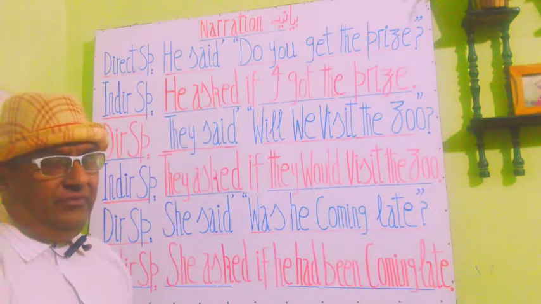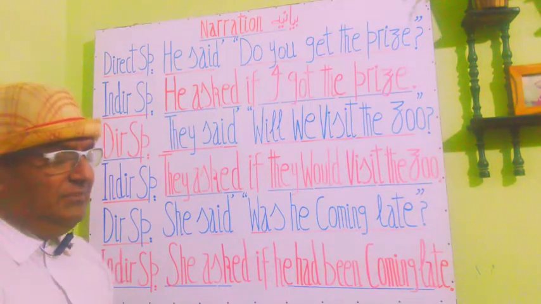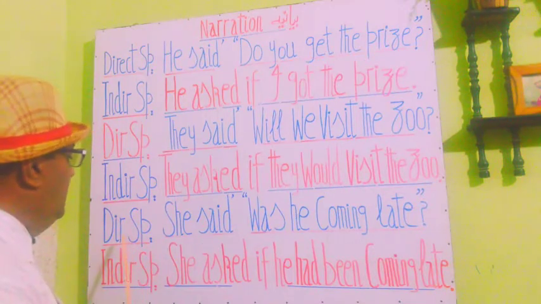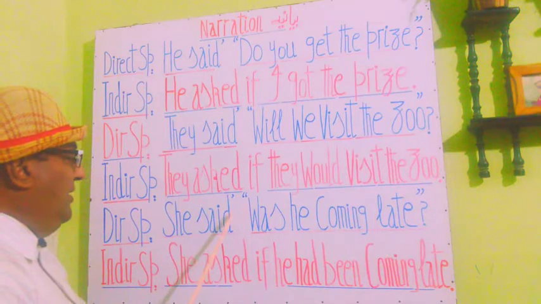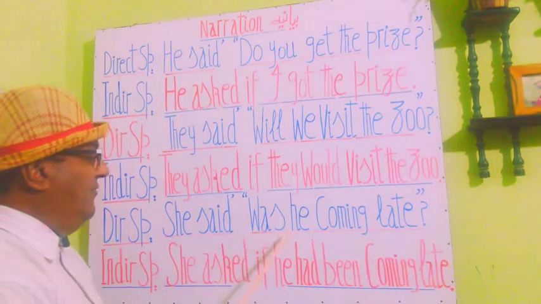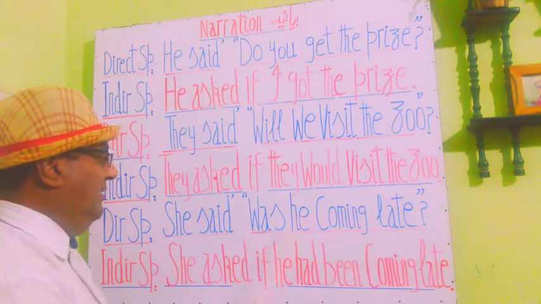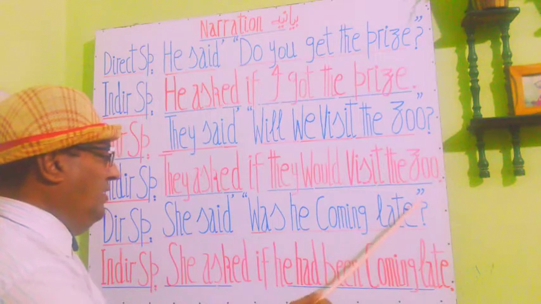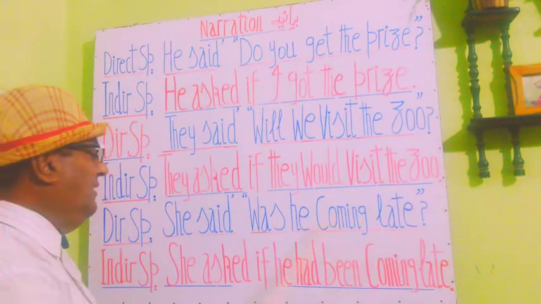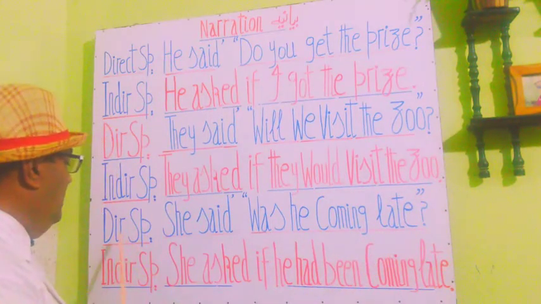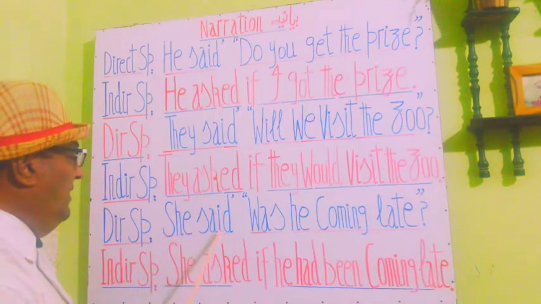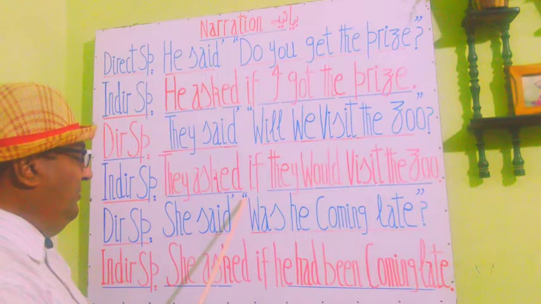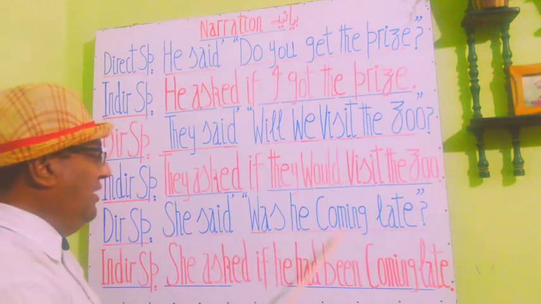Let's see the next direct speech phrase. She said, comma, inverted comma, "Was he coming late?" Comma closed, interrogative sign. It's a very beautiful statement. Direct speech: she said, "Was he coming late?"